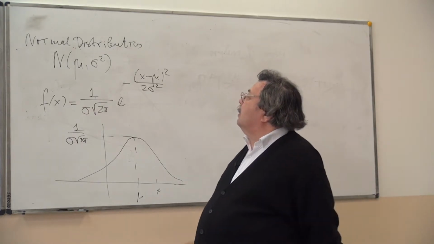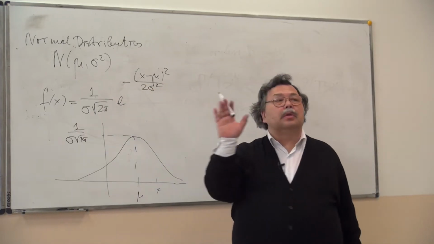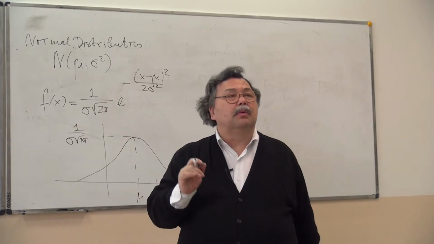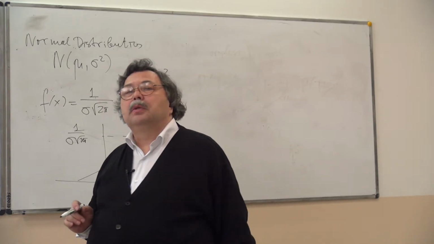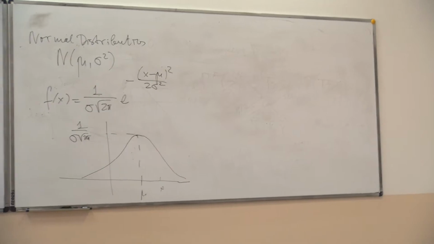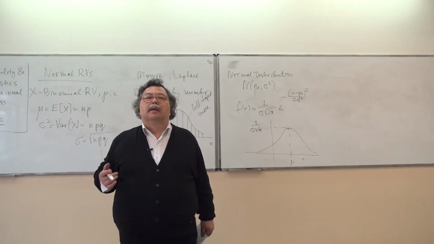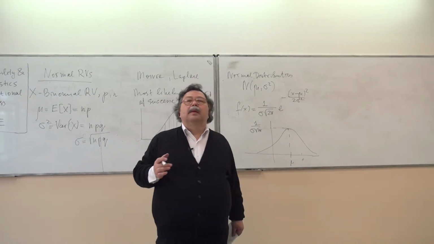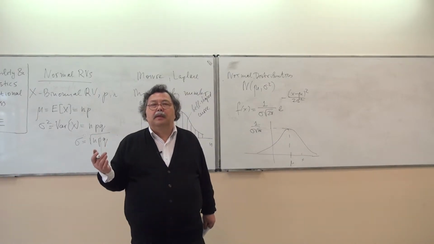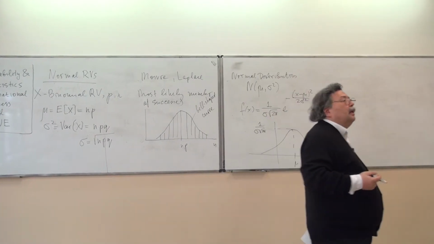Now, look at this. This formula includes two parameters, mu and sigma. So we are not talking about just one unique random variable. Rather, we have an infinite family of random variables that are called normal random variables.